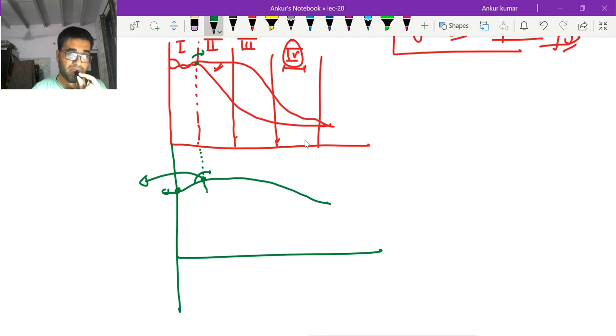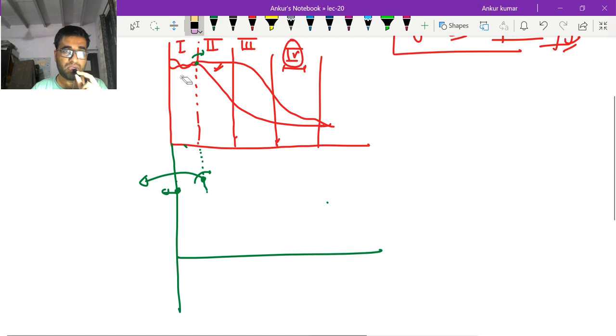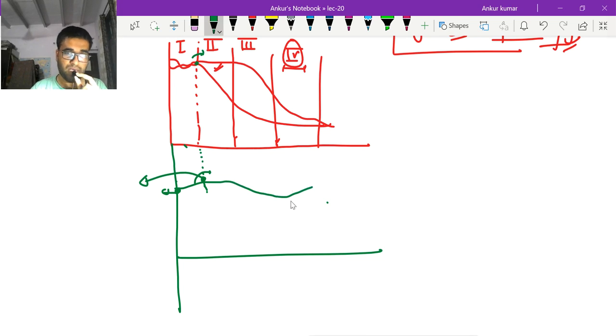Okay, but when any country enters the fourth stage, the dependency again increases. In the fourth stage, the dependency must increase. When the country enters the fourth stage, this is the old age dependency, and this is the unified diagram that we are making.